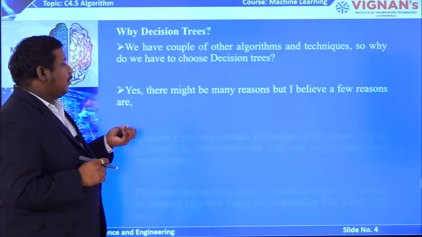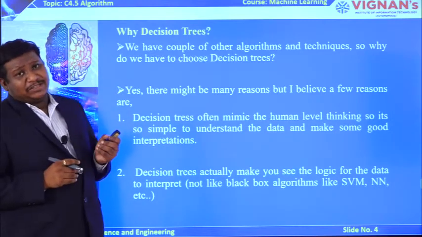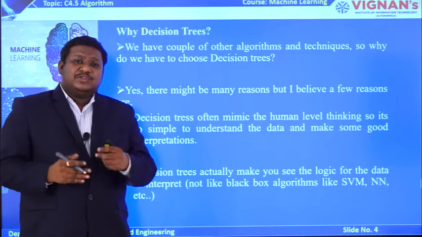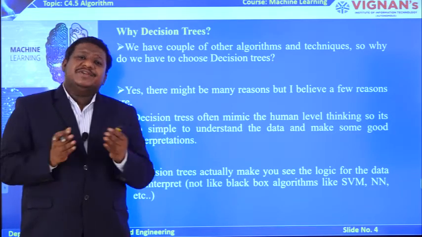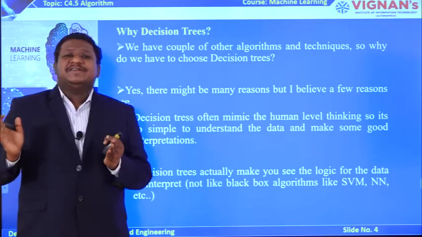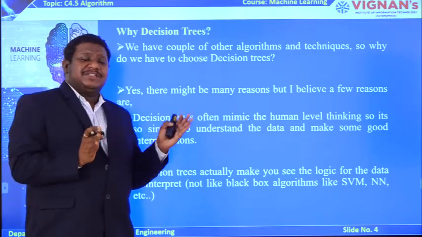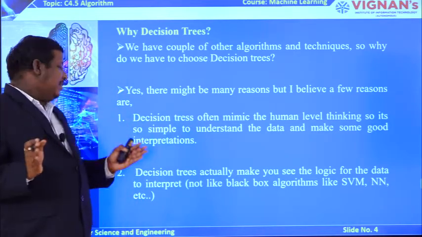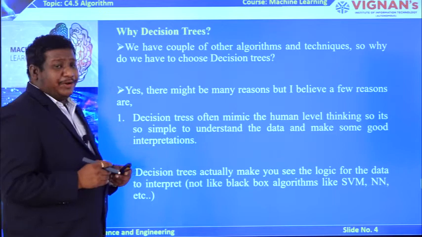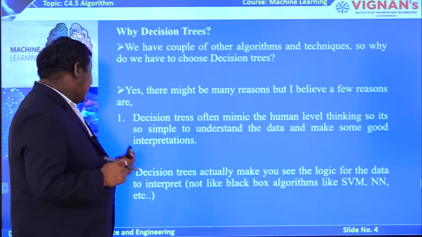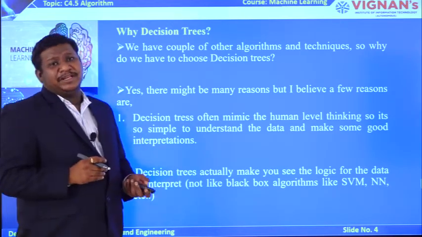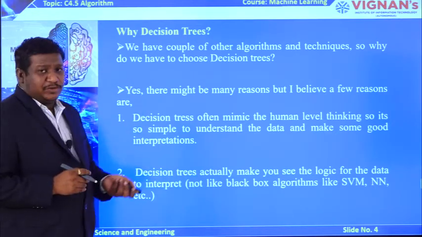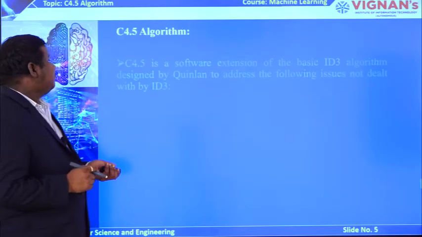The main reason for using decision trees is that they mimic a human being. Whenever you get data to classify, the way you classify it, decision trees also mimic like a human being to classify the data. The second thing is that it generates logic with which the data can be interpreted in an easy manner. By considering these two important advantages, we normally use decision trees.